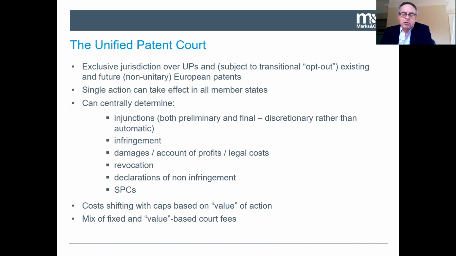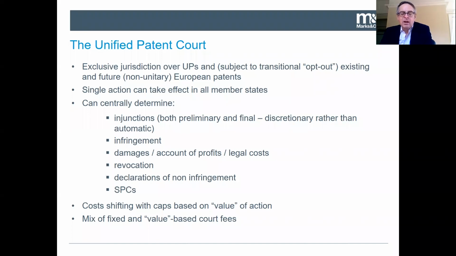The UPC's jurisdiction, though, does not end there. The UPC will also have jurisdiction where European patents are validated on a national basis in countries that are participating in the UPC project, the UPC will also have jurisdiction over those patents.